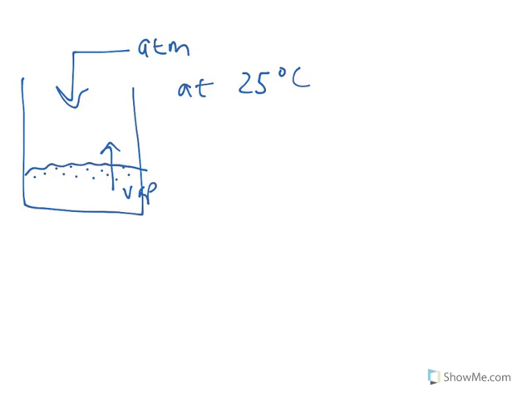So what we can do is say P-vap, vapor pressure, versus the atmospheric pressure. Which one's bigger? At this point, the atmospheric pressure is greater. Therefore, it's keeping a heck of a lot of those molecules down in the liquid phase.